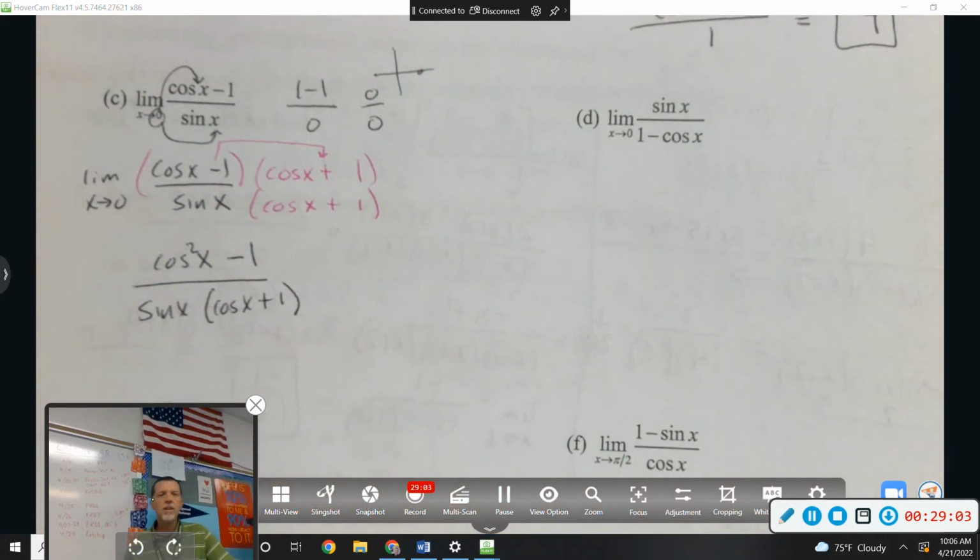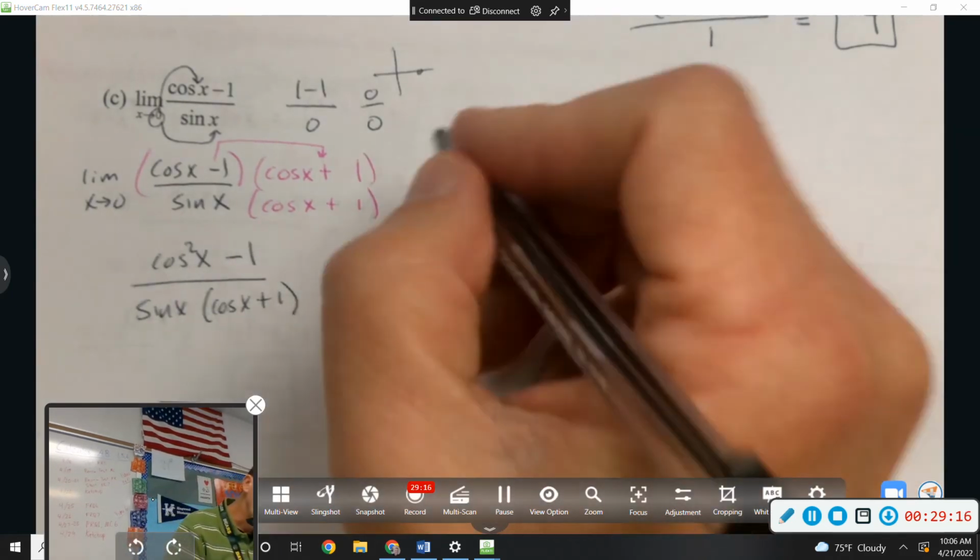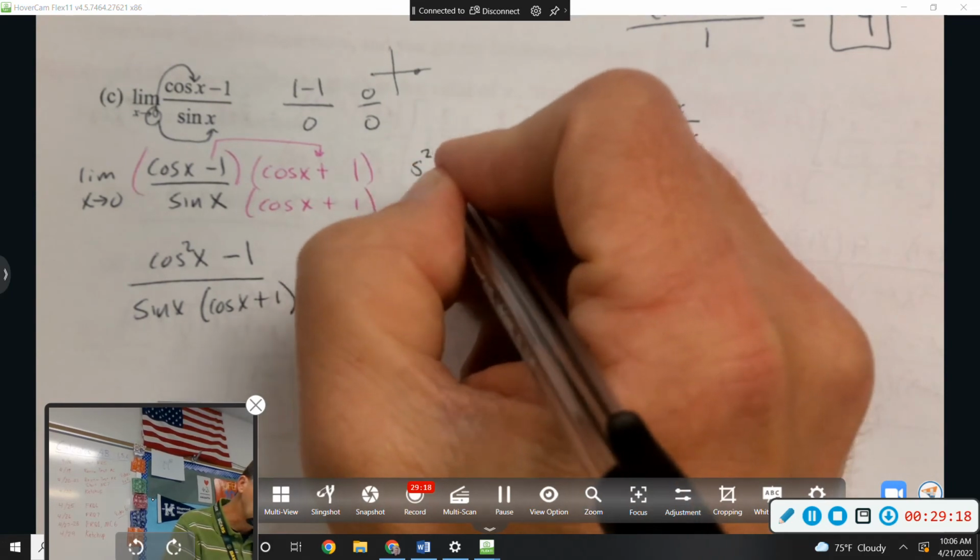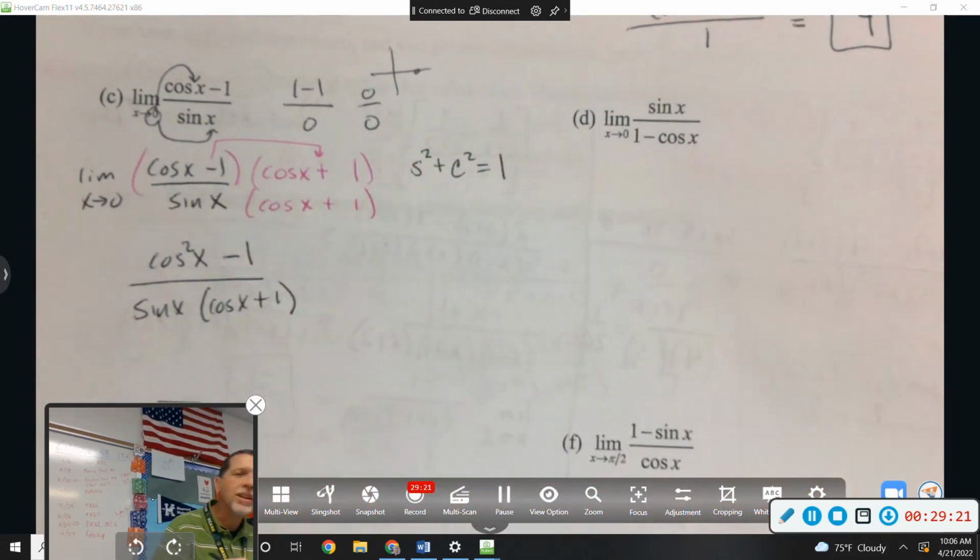Huh. Crud. Nothing cancels, right? Sort of. The cosine squared x equals... so long ago we said that sine squared plus cosine squared equals 1. That's a common enough trig identity. You gotta have that one at the front of your brain because we use it so often.